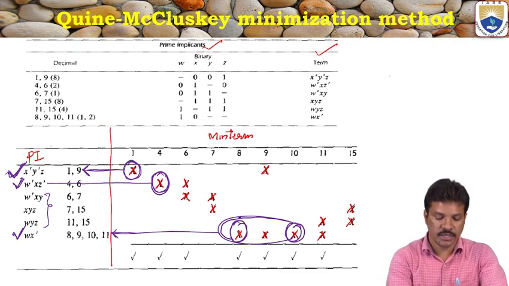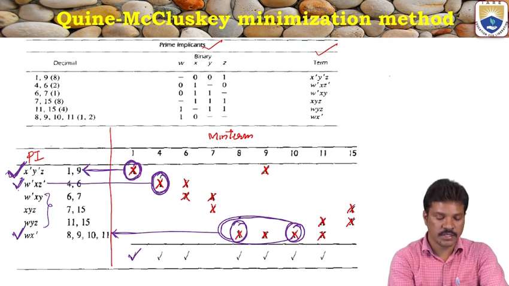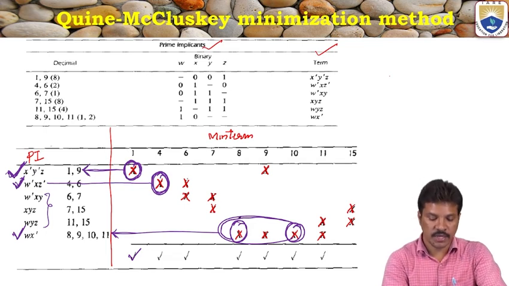This one is covered by the first prime implicant. This cross mark is covered by the second prime implicant. These 6 numbers. So here, this cross mark is covered by the second prime implicant. So this is also covered.